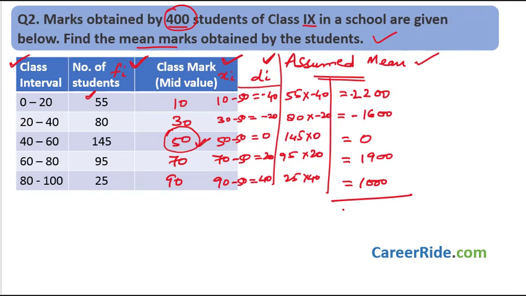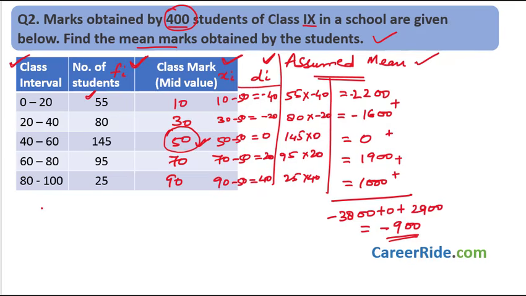And now I will just add up everything. This gives me minus 2200 minus 1600, which is minus 3800, plus 0 plus 1900 plus 1000, which is 2900. This is nothing but minus 900, right?